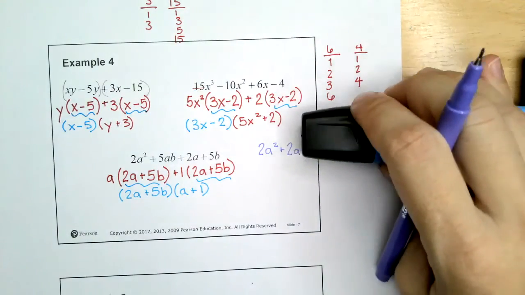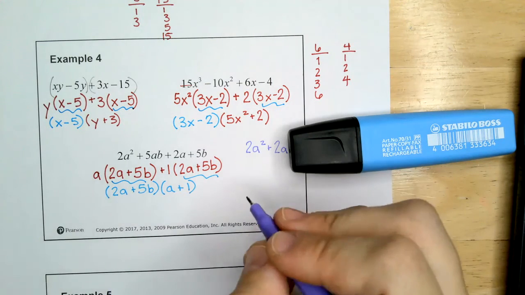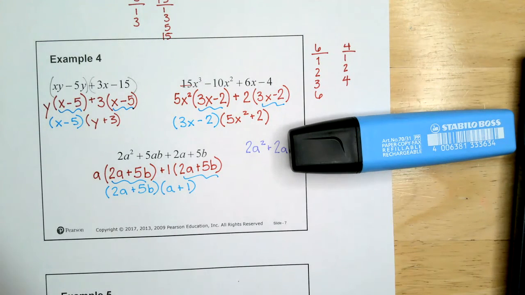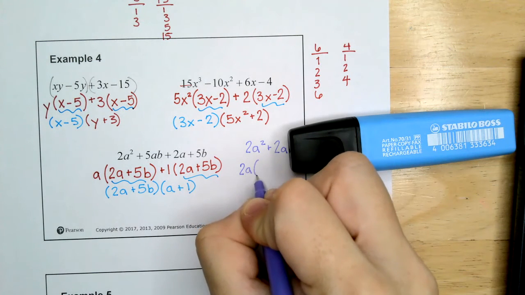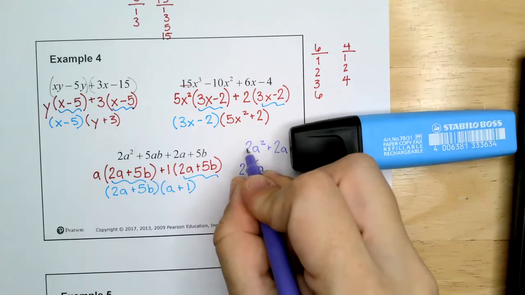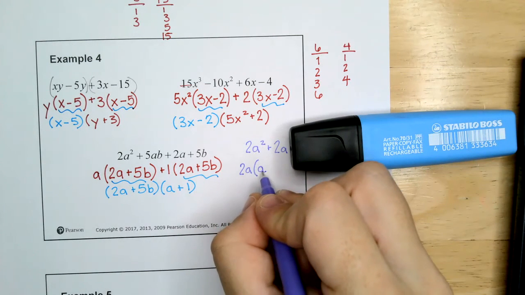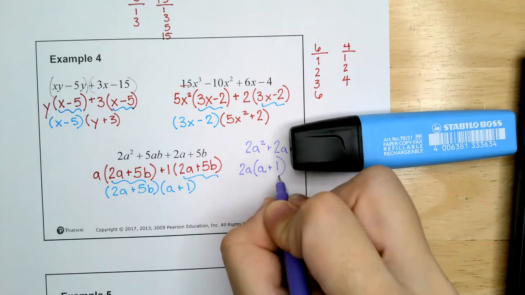So now I have 2a squared plus 2a. I can factor that out into 2a. So all I have on top now here is a, right? 2a squared divided by 2a is a. And then 2a divided by 2a is just plus 1.